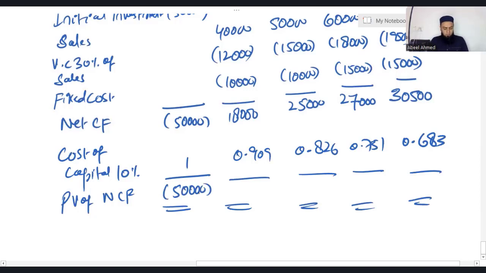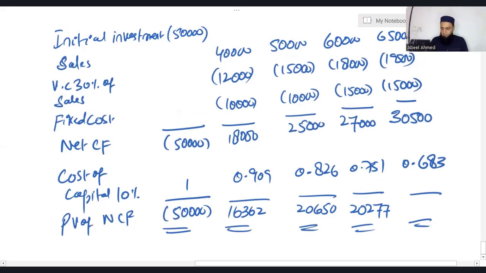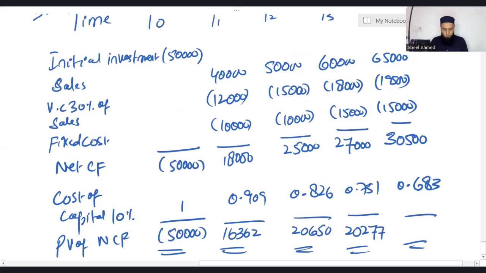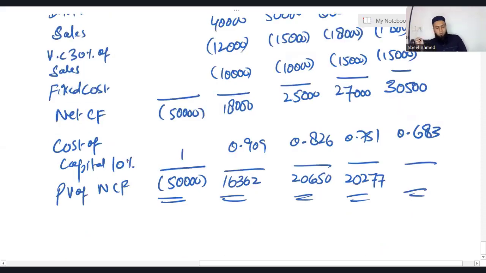So 18,000 into 0.909 is 16,362. 25,000 into 0.826 is 20,650. 27,000 into 0.751, we are having 20,277. 30,500 into 0.683, we are having 20,831.5. You can make it 32, no issue at all.